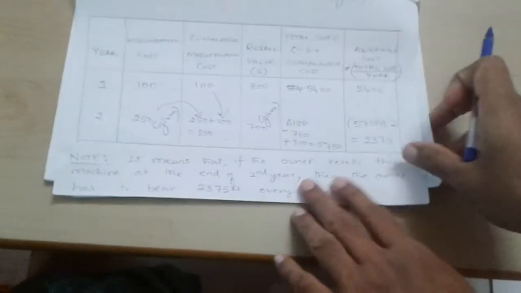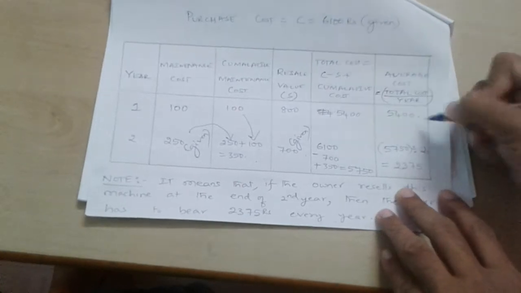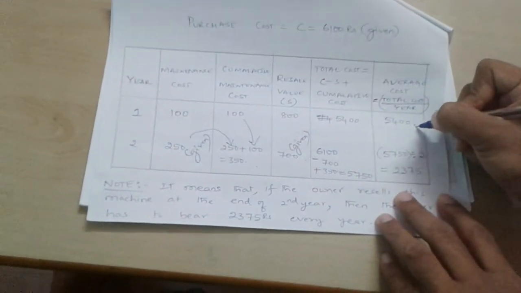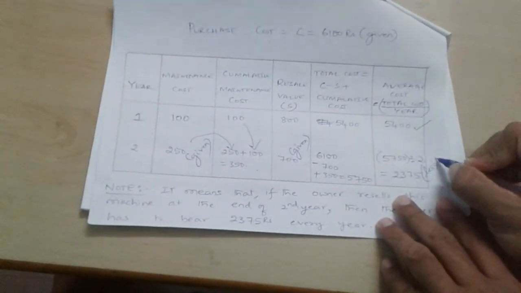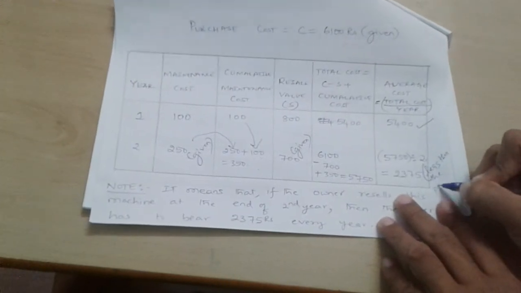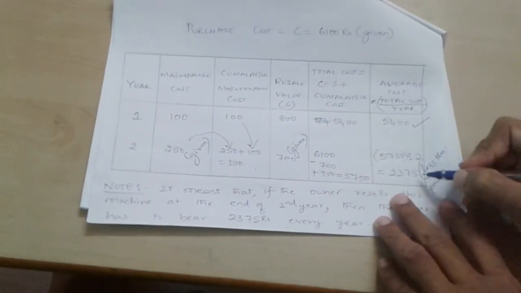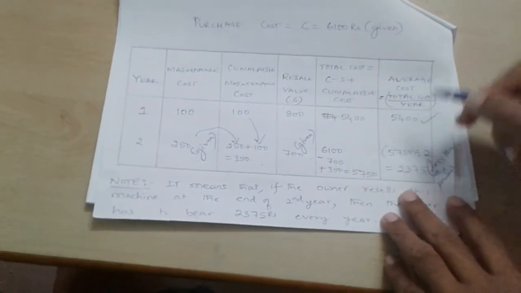Next, now we continue this problem. Why? Because if we go to the previous sheet, the average cost for the first year was 5,400. Now the second year average cost is less than the previous average cost. 2,375 is less than 5,400, so that is the reason we continue this problem.